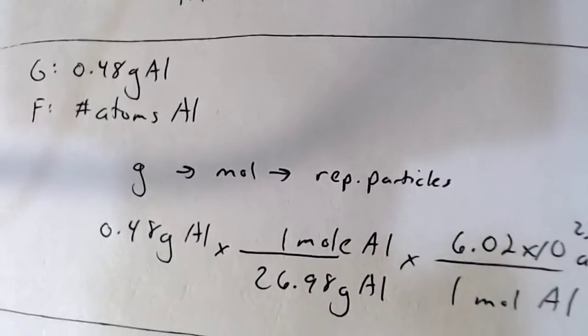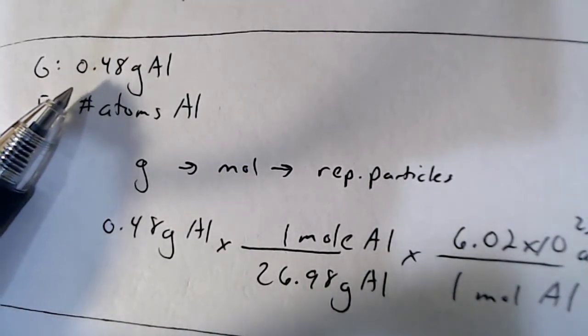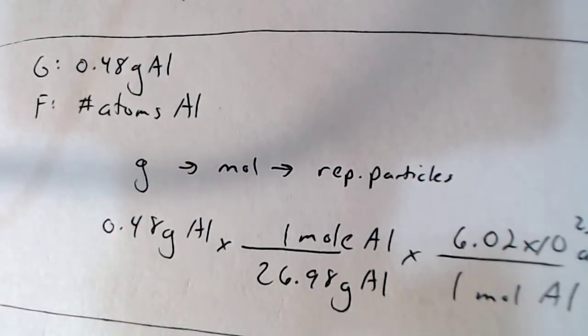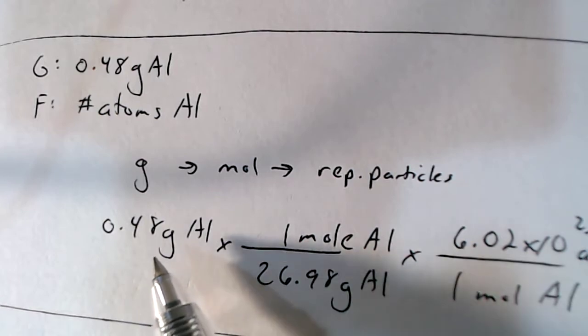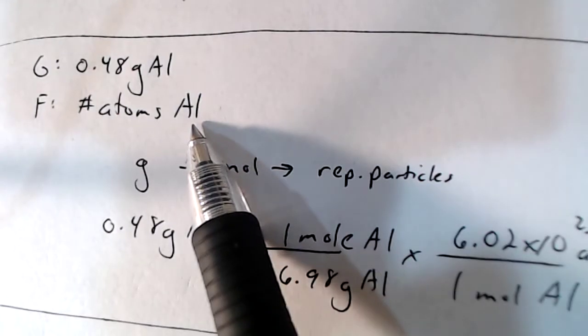So let's say that we have 0.48 grams of aluminum. How many atoms of aluminum do we have? Okay, so we have grams, and we want to get into atoms of aluminum.